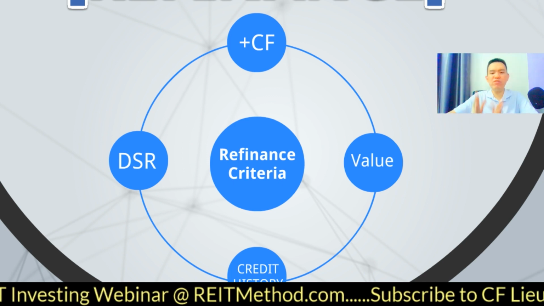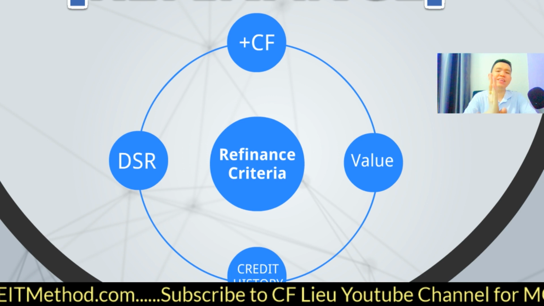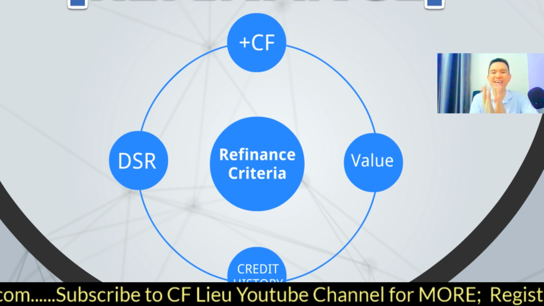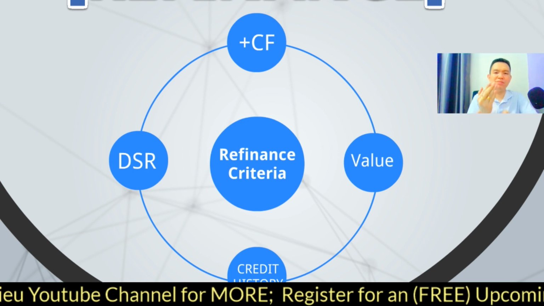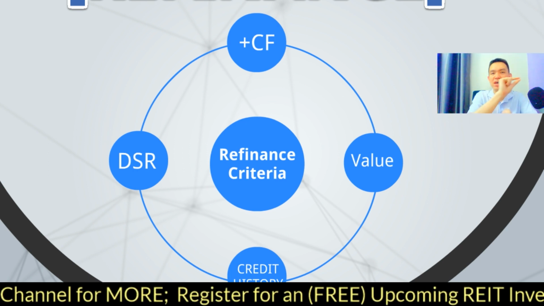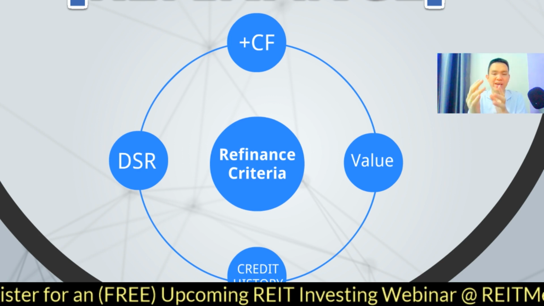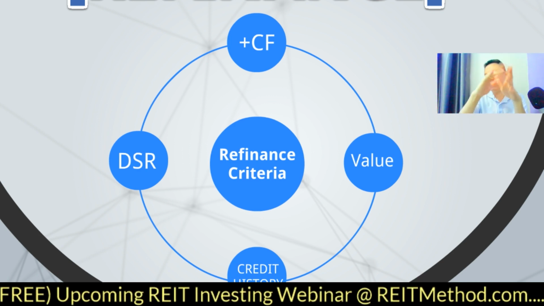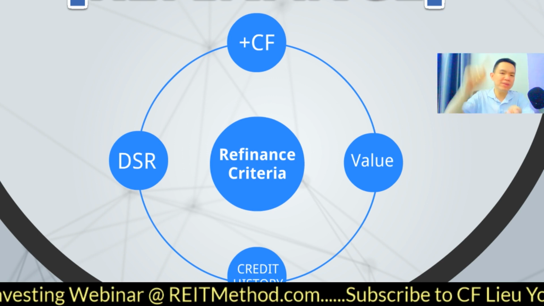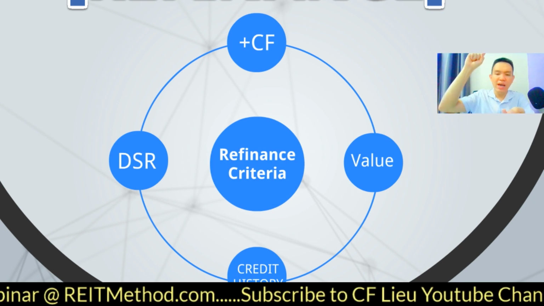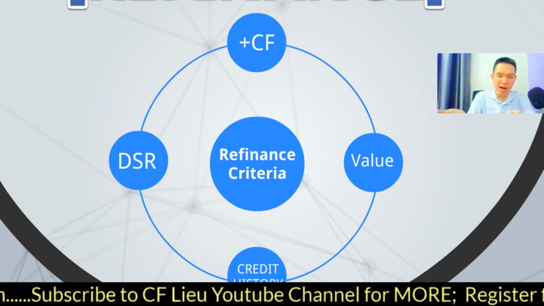And even with a good credit rating or credit history, the next thing that you need to manage is what we call the DSR. It's called debt service ratio. Let me put it this way: it's your total loan repayment, your car loan, personal loan, or credit card loan, and also including your mortgage repayment, which is your house loan.